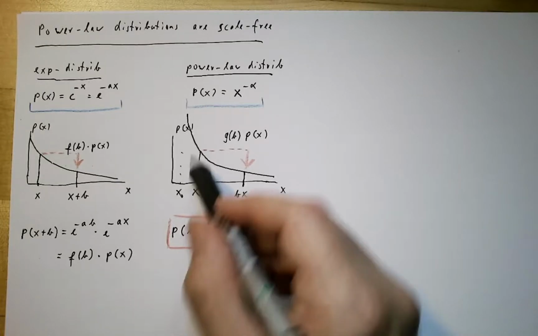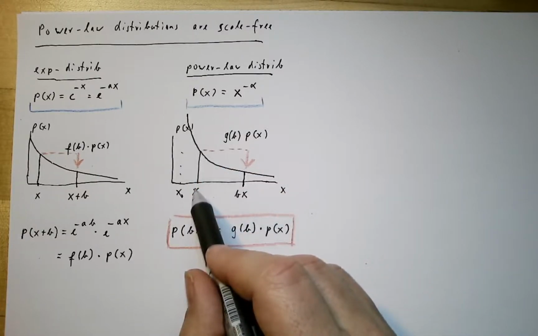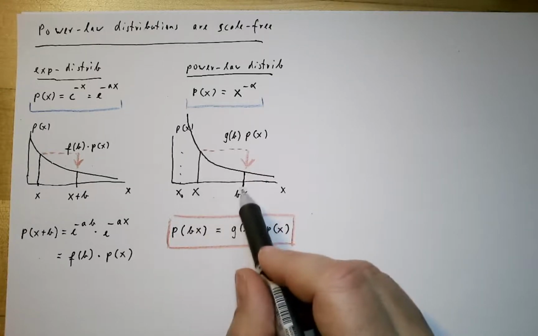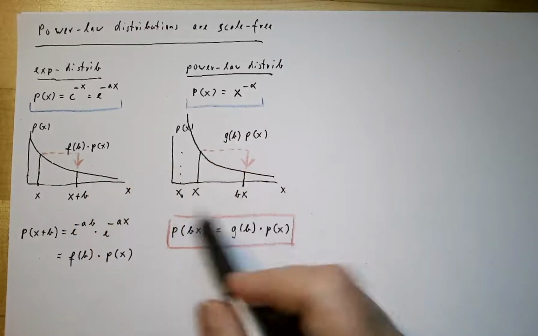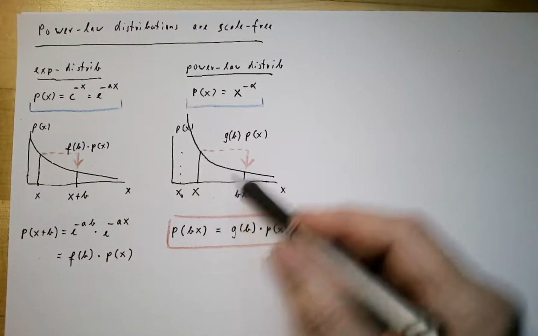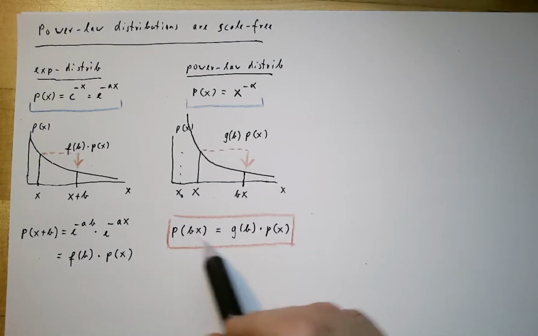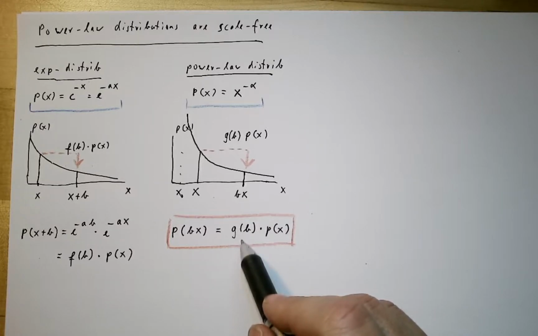Scaling, we mean if we have our distribution, and now we see what's happening if we scale everything. Every value is multiplied by a number. We blow things up. If we blow things up, so we scale things here, and then the probability of the scaled variable is the old probability just times a constant.